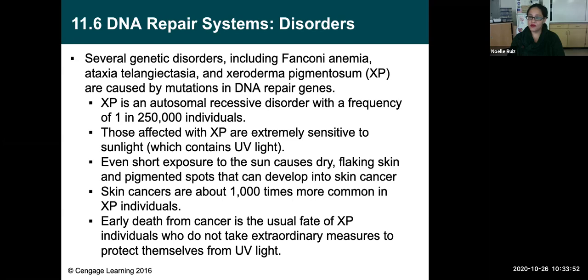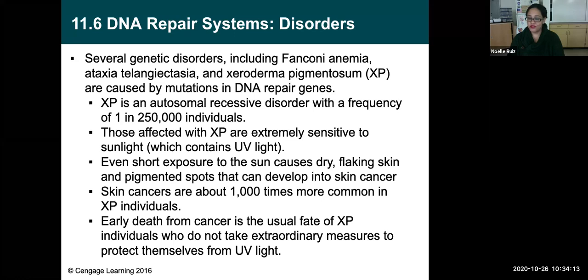Those affected with XP are extremely sensitive to sunlight. Sunlight is a UV light. Even short exposure to the sun causes dry, flaky skin, pigmented spots that can develop into skin cancer. Skin cancers are about 1,000 times more common in people who have XP.